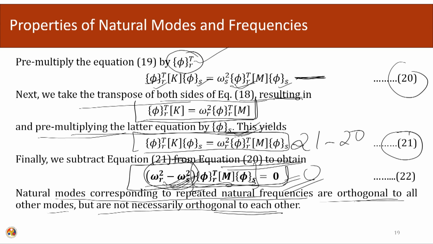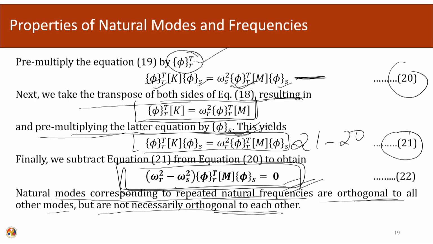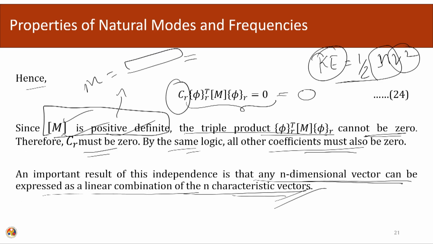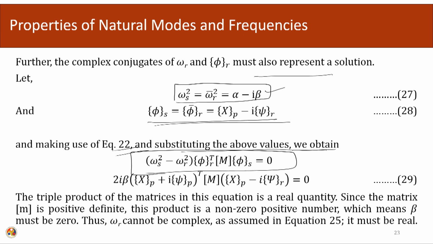So, we again take this equation and substitute in the first case. This is the same formulation of the equation, and then we write down the expression for the frequencies.